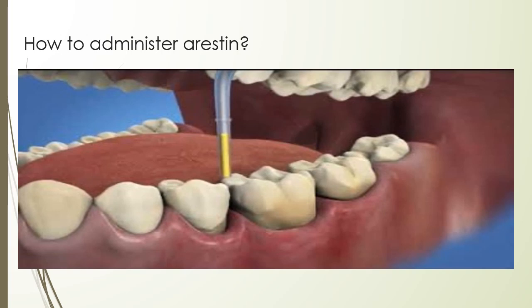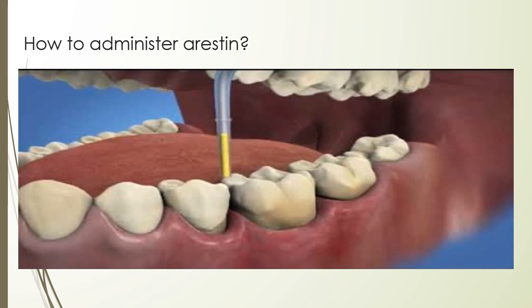Using Arestin is a simple three-step process. Assemble the unit by inserting an Arestin cartridge into the handle, then twisting until you hear it click into place. Remove the cap. Position the cartridge tip without force into the base of the periodontal pocket, keeping the tip parallel to the tooth's long axis.